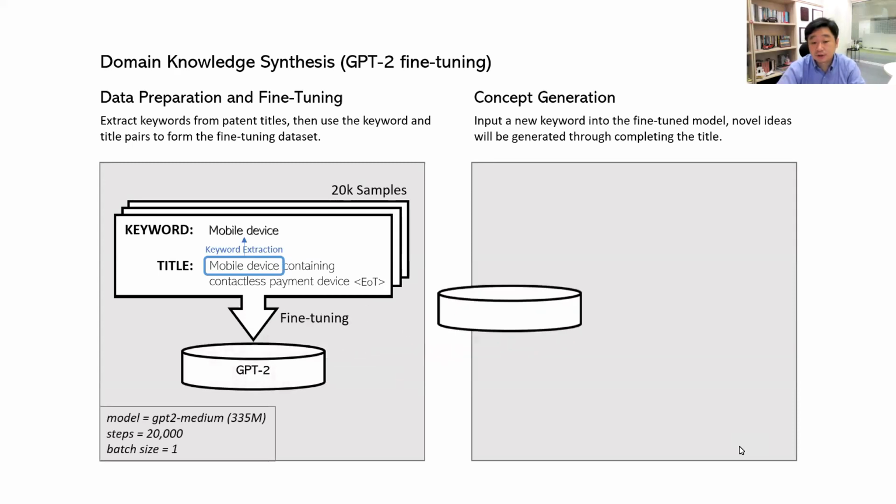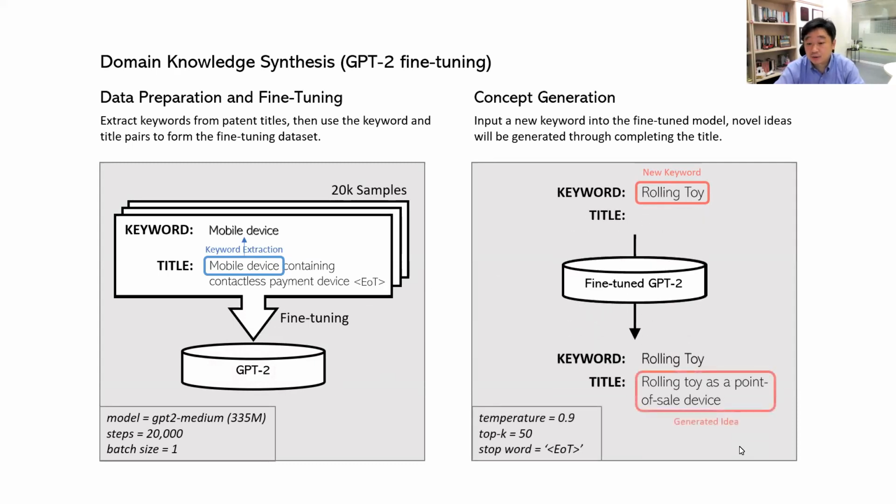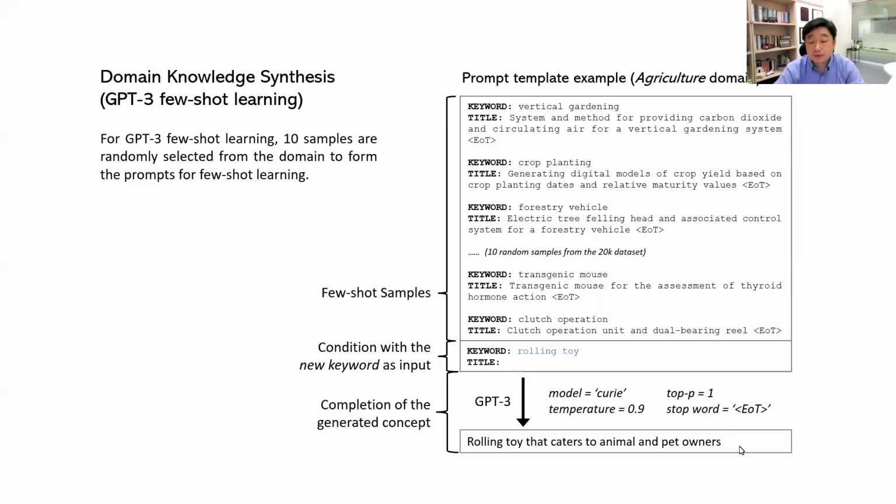The fine-tuned model then is used with the new keywords as the prompt condition. The new keyword in this case is rolling toy as a prompt condition to stimulate this fine-tuned GPT model to complete a sentence that is a new design concept. And we also created a small few-shot learning sample of 10 keyword and patent title pairs to allow GPT-3 to learn about this logic and the control of a domain knowledge for concept generation.